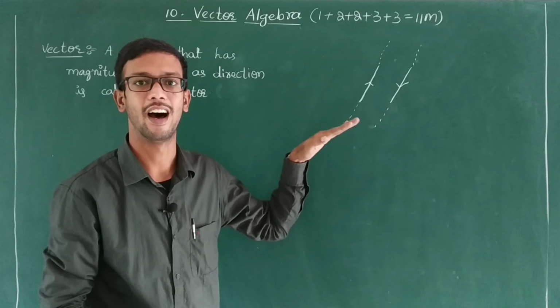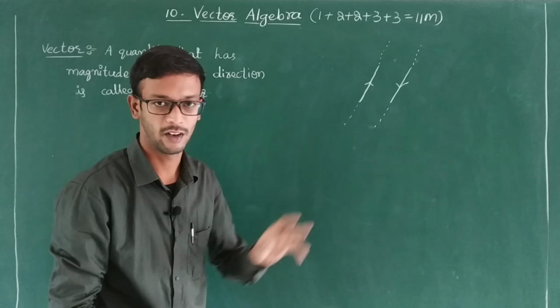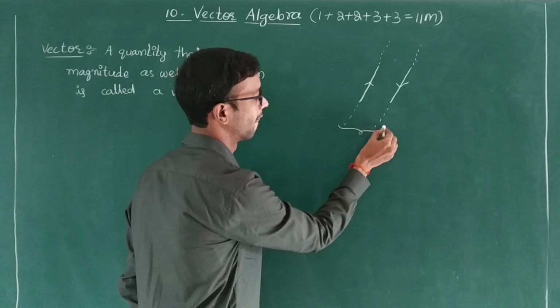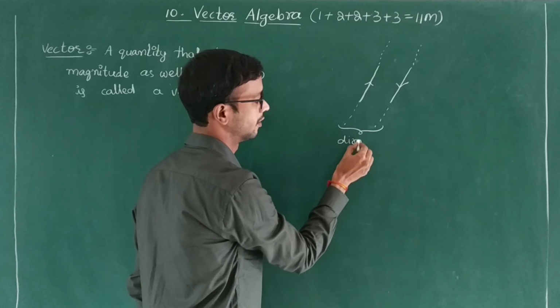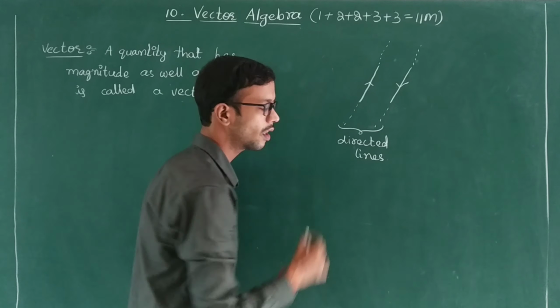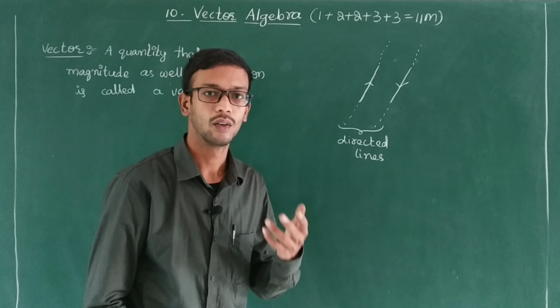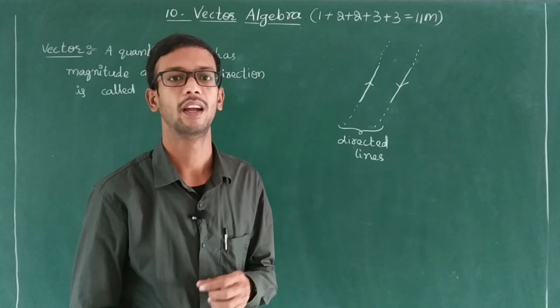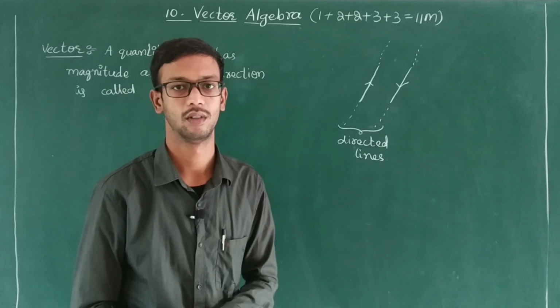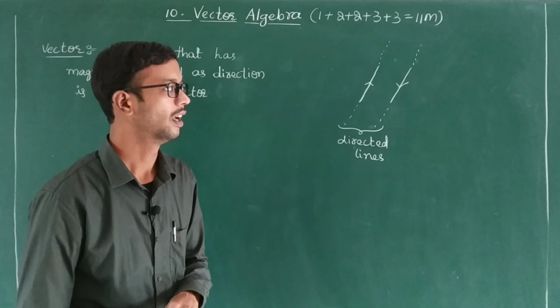If you are taking horizontal, left side, right side. So this type of line is called a directed line: a line having two directions by using the arrows.